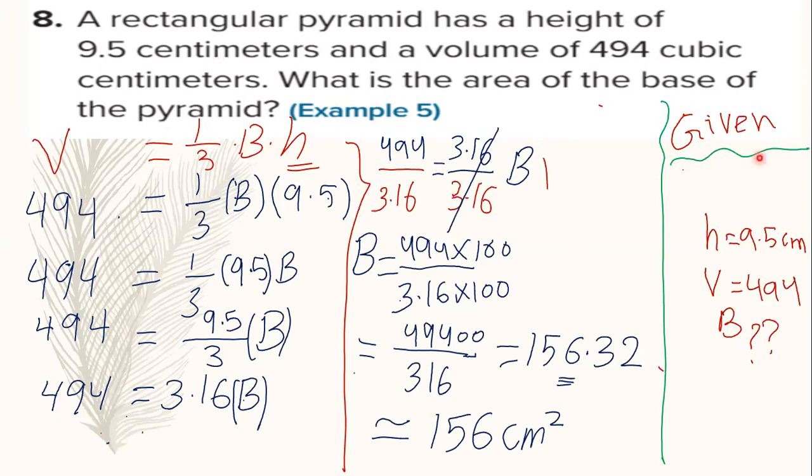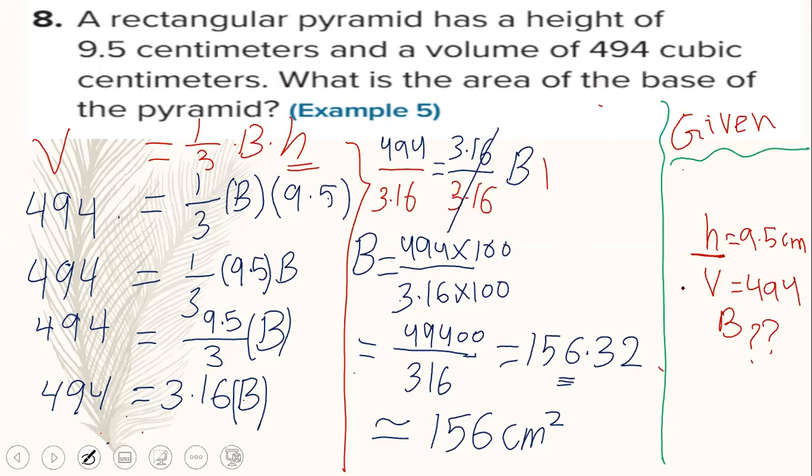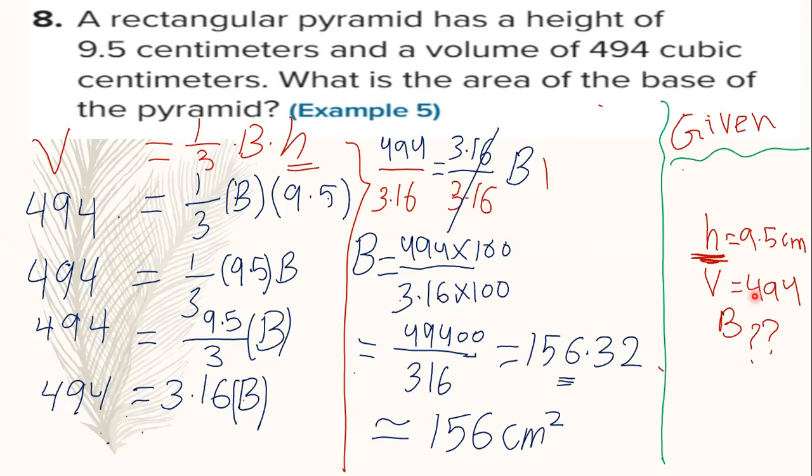The height of the pyramid is h, and the volume is given here. It's 494. What is missing? It's B, the base area.